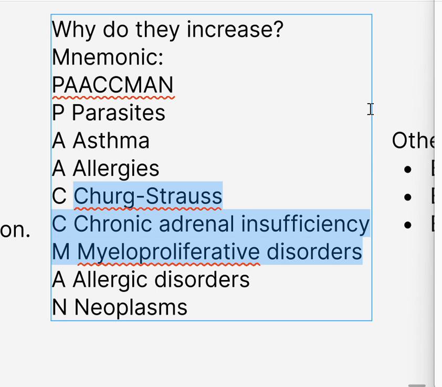All right, so what normally stimulates eosinophils? The major cytokine is interleukin 5 that is released from the Th2 cells. The Th2 cells release this interleukin 5, and the interleukin 5 then tells the marrow to make more eosinophils and release them into the blood. So anything that increases a Th2 type immune response causes eosinophilia.